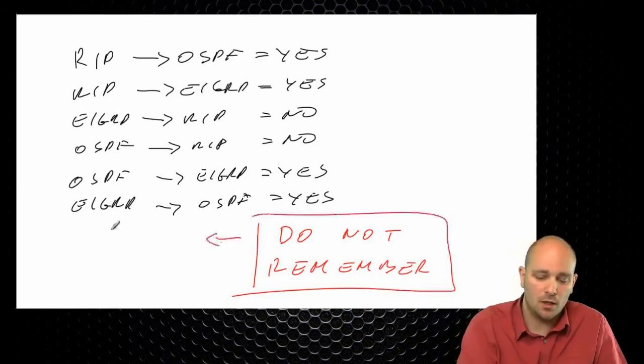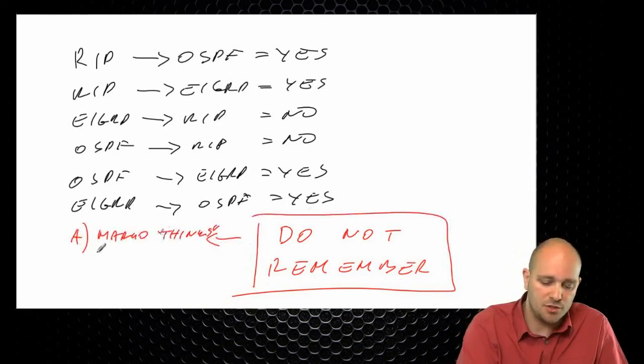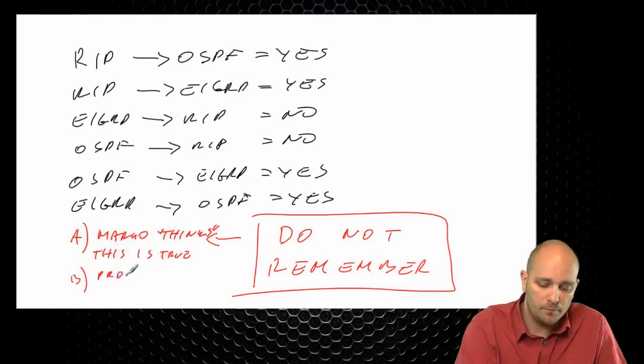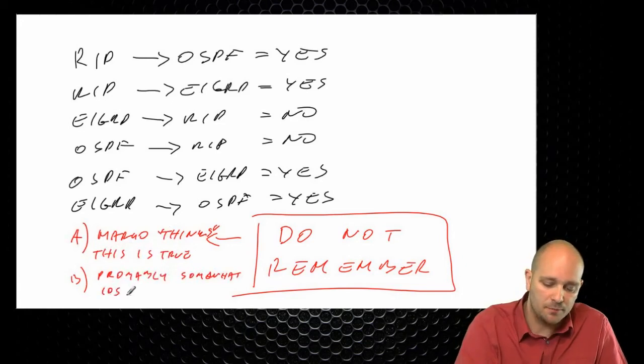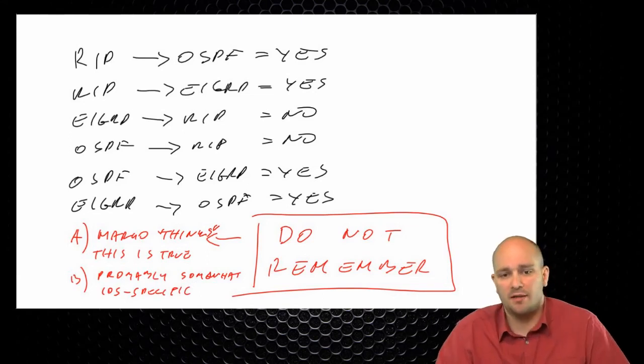Because A, Marco thinks this is true, and B, probably somewhat iOS specific. So you might be at the mercy of the iOS version. That's the last thing that you want to have in the CCIE lab.